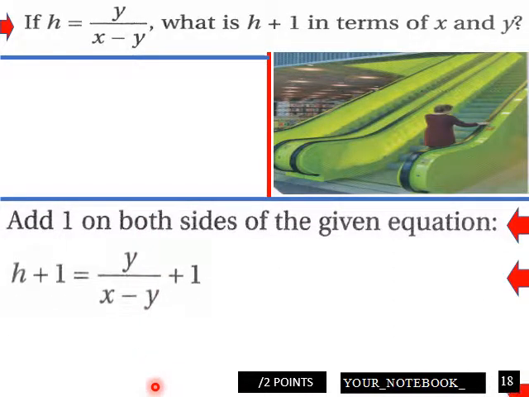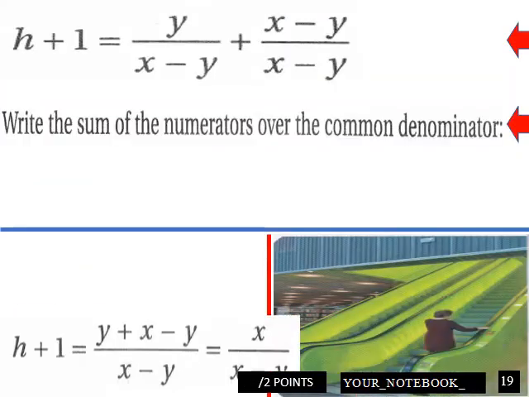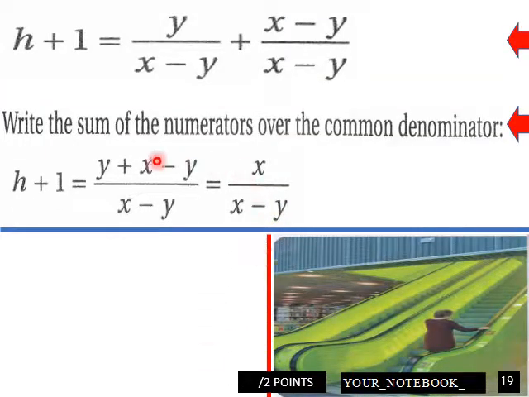If you get this PowerPoint or video on your own, you can go through this much slower. And if you need further tutoring beyond that, then I can help. Write the sum of the numerators over the one common denominator, which is here. And then you just combine. These cancel out, and you have x over x.